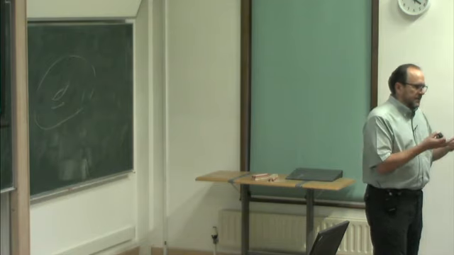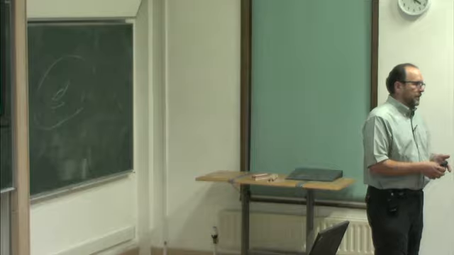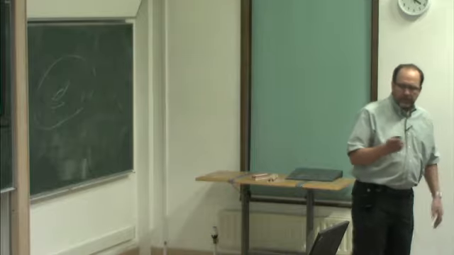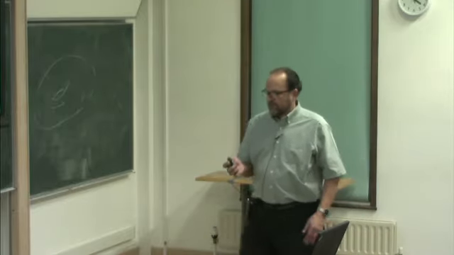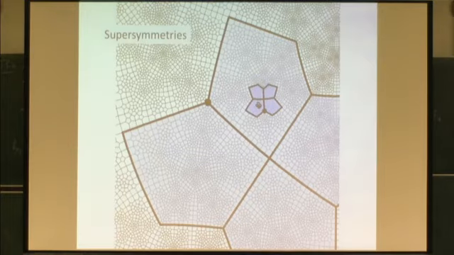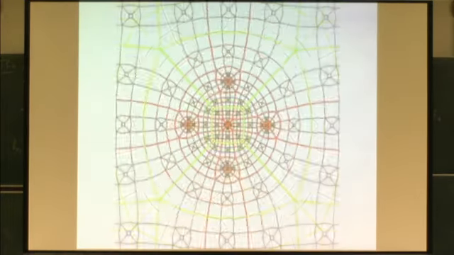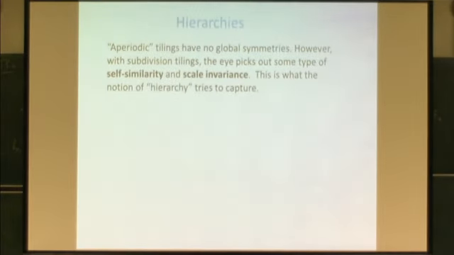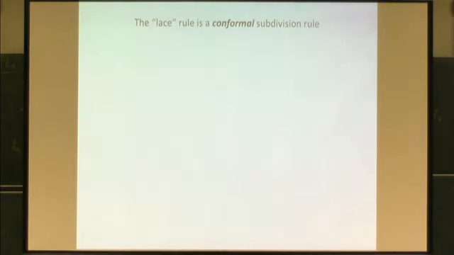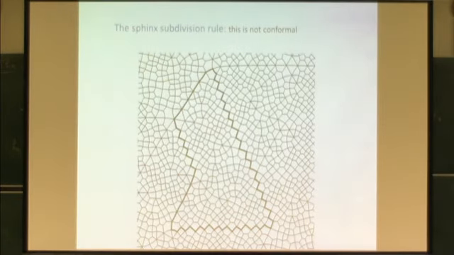There's another part of this that I mentioned, when they're not conformal. If we went back, for instance, to that Sphinx one, this is a problem because when you subdivide it, the aggregate no longer maintains its shape.